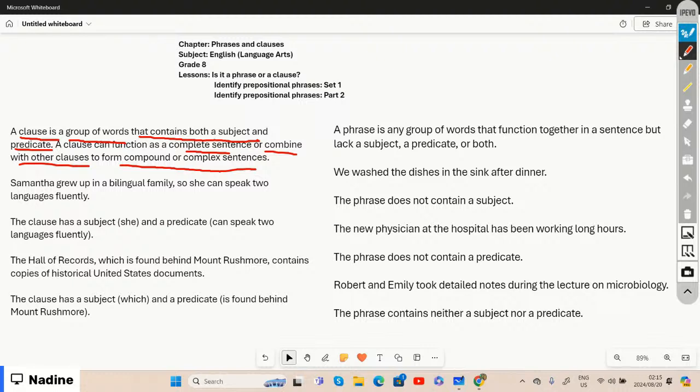Firstly, we said a clause is a group of words that contains both a subject and a predicate. But now a phrase is any group of words that functions together within a sentence, but it lacks sometimes a subject or lacks a predicate, or maybe both.